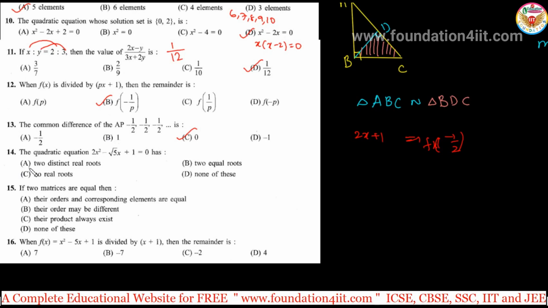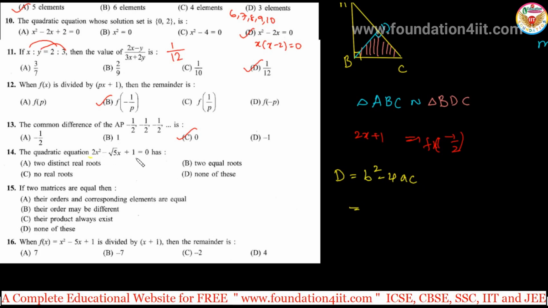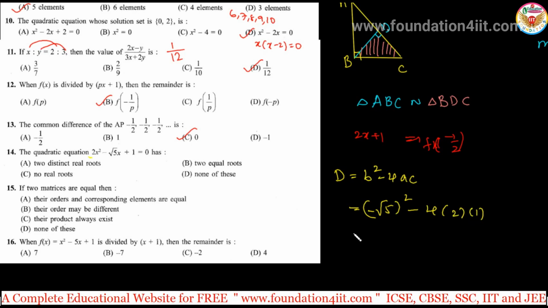And this quadratic equation 2x square minus root 5 x plus 1: to know which type of roots it has, we should know the discriminant, b square minus 4ac. A is the x square coefficient, b is the x coefficient, and c is the constant. So b square is minus root 5 whole square, minus 4 into a value 2, c value 1.